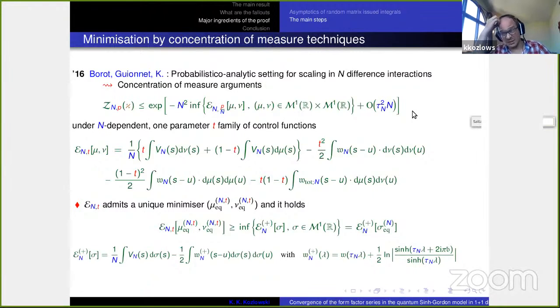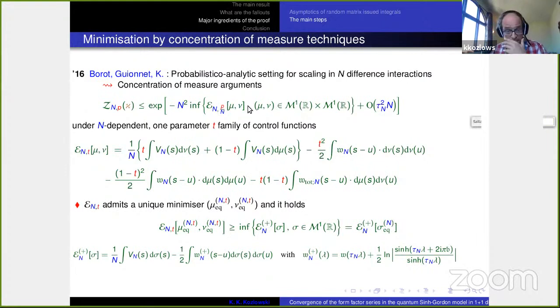So if you apply the setting of concentration of measure techniques, which were developed with Gaëtan Gouraud and Alice Guillonnet a few years back for integrals having n-dependent interactions, you can then bound this original integral you want to estimate by the exponent of minus n squared times the infimum of some functional on the Cartesian product of two probability measure spaces.